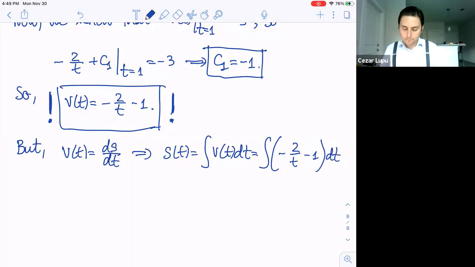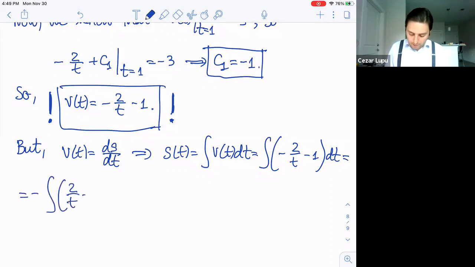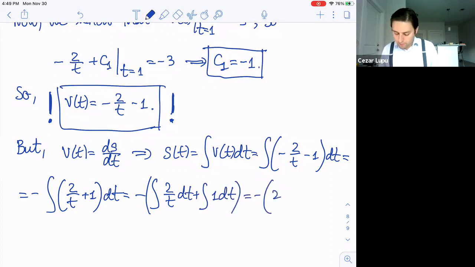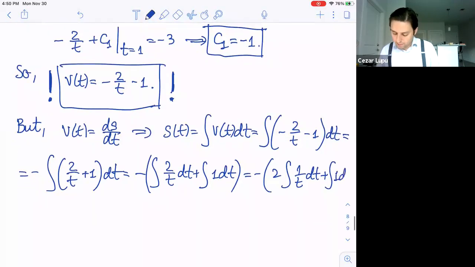If we take the negative sign, this will be negative the integral of 2 over t plus 1 dt, and this will be negative the integral of 2 over t dt plus the integral of 1 dt, or negative 2 times the integral of 1 over t dt plus the integral of 1 dt.